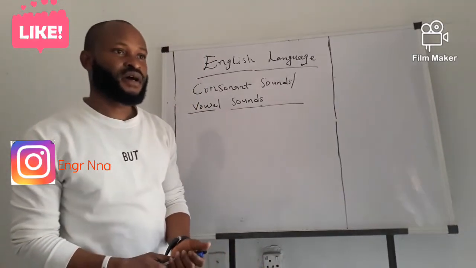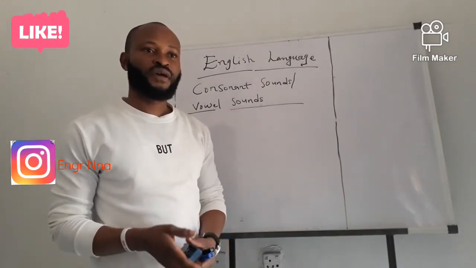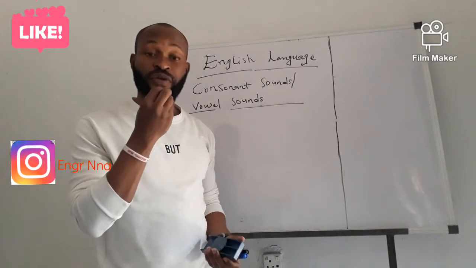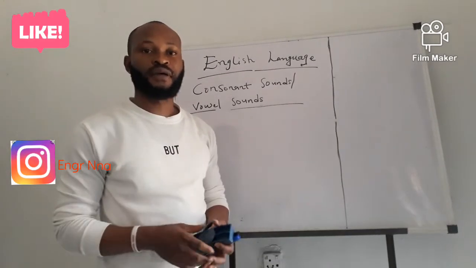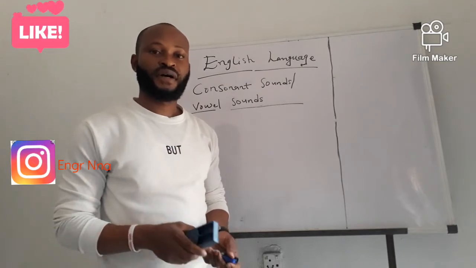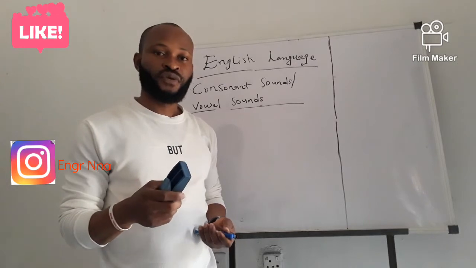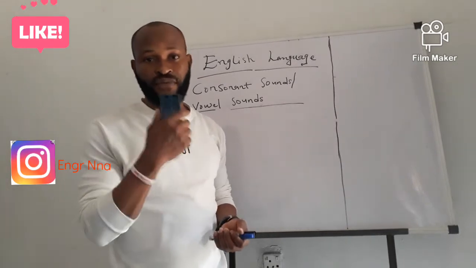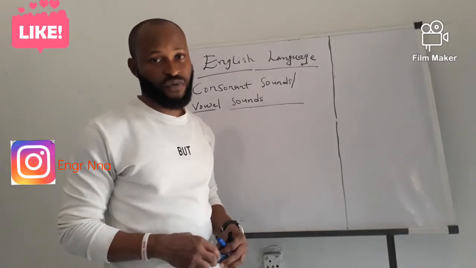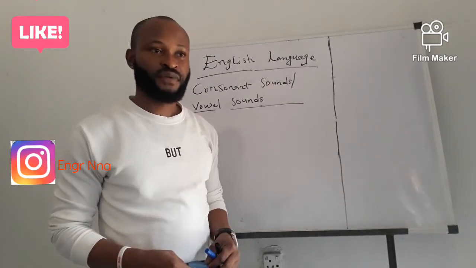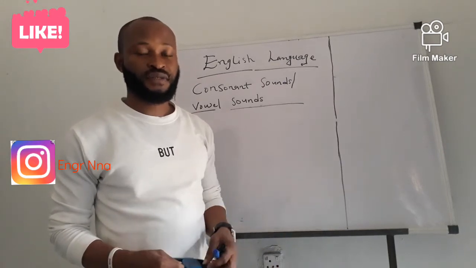Consonant sounds are the sounds that are produced when your mouth is partially or completely closed. These are the alphabet sounds that we produce through total closure of the mouth, of the vocal cavity, or partial closure of the mouth. So that is what we mean by consonant letter sounds.